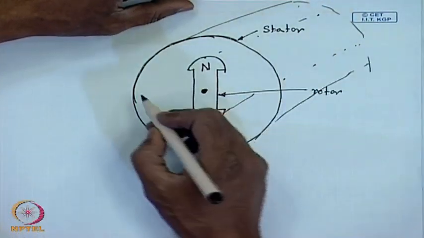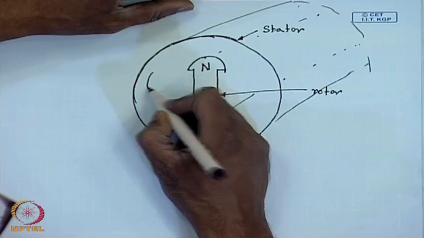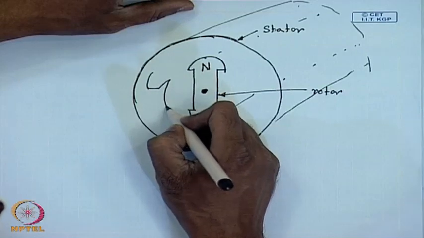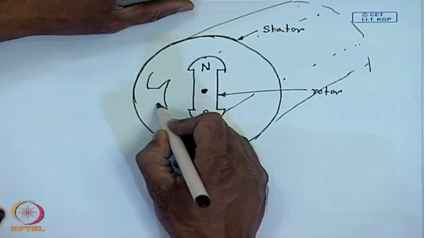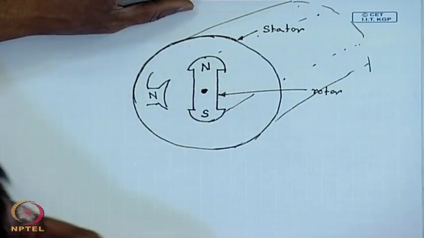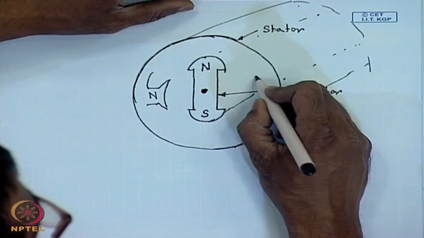Suppose I somehow create another north pole on the stator on this side and a south pole on this side.